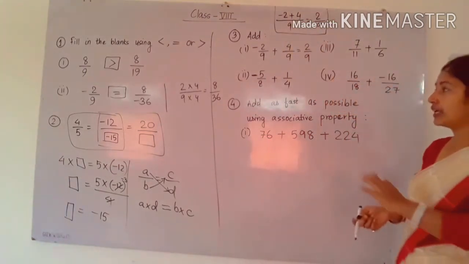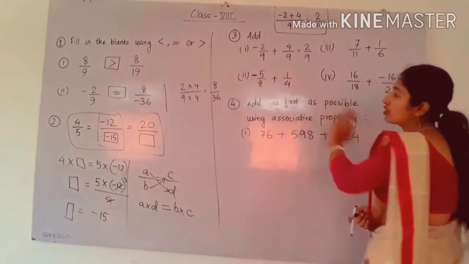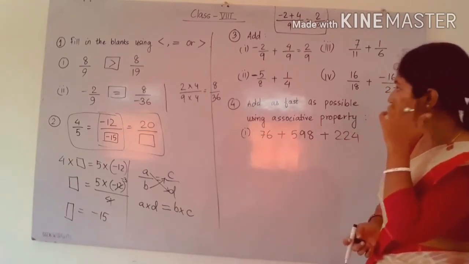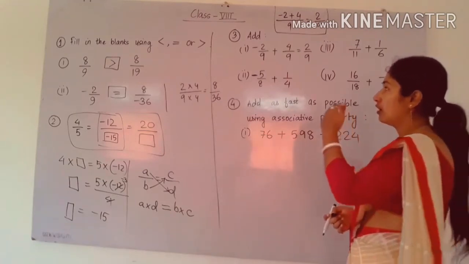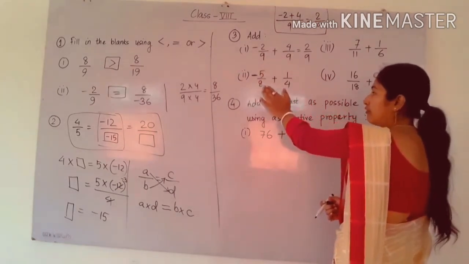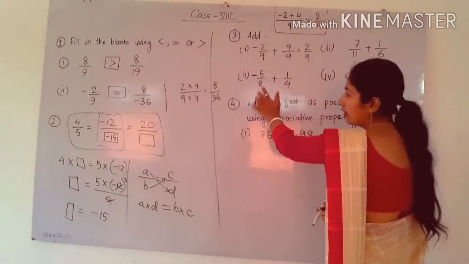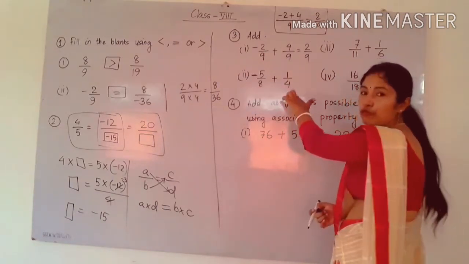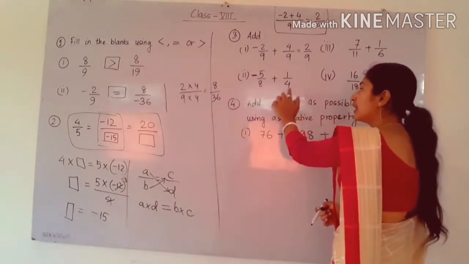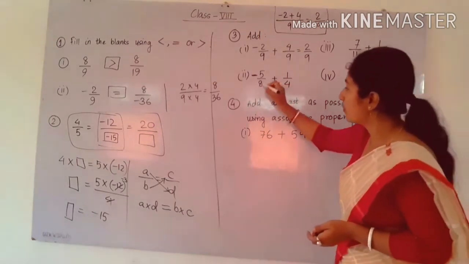The next question is number 2, minus 5 by 8 plus 1 by 4. So here the denominator is not same, but you have to check what is different from the first one. In the first question the denominator is same, but in the second we have one more important thing: you see 8 is a multiple of 4. So if a number is a multiple of the other number, then the LCM will be the greater number. So here the LCM will be 8.